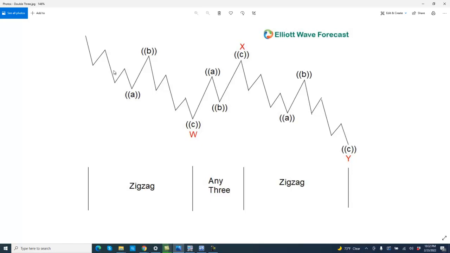ABC, 2 sets of 5 waves makes a W. Then any trade in the middle, and then the market does another 3 waves pullback to complete another leg, similar to W and Y, that also comes with a set of 5 waves of an ABC. So you have a zigzag, another zigzag with a connector in the middle, which is X, and any type of 3 waves pullback. That's the nature of the market. That's how the market works.